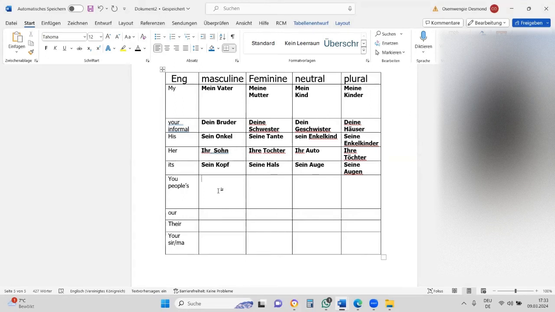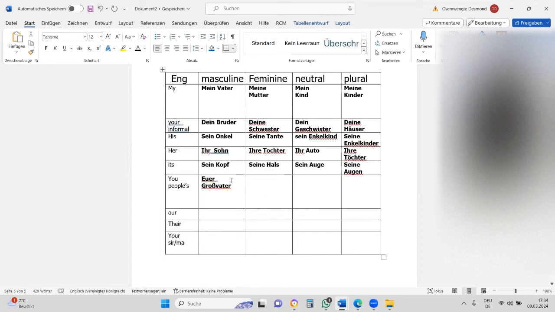I use euer or eure. So if what they possess is masculine, I say euer. For example, euer Großvater. Your grandfather, you guys' grandfather. Euer Großvater.